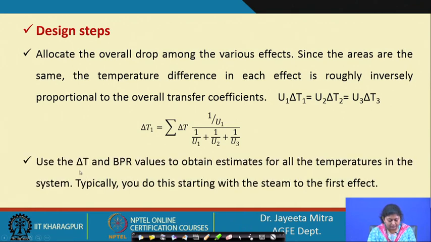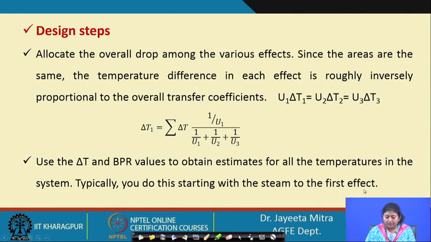So, use the delta T and boiling point rise values to obtain an estimate of all the temperatures in the system, and we can start with the steam entering in the first effect.